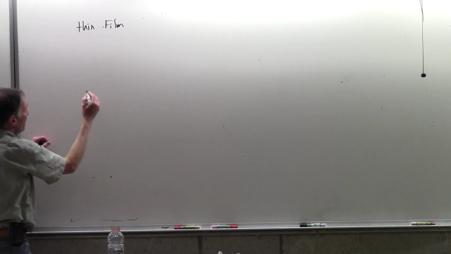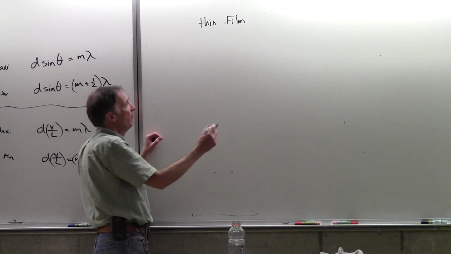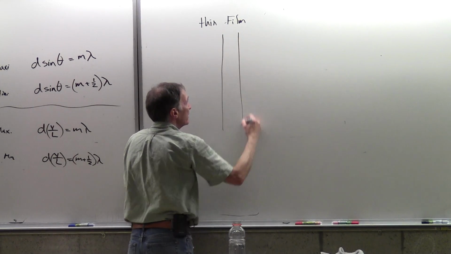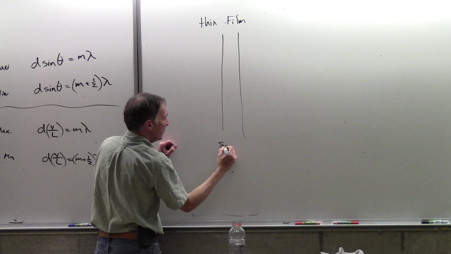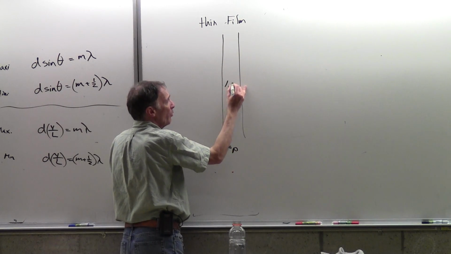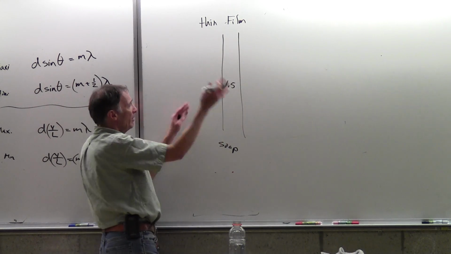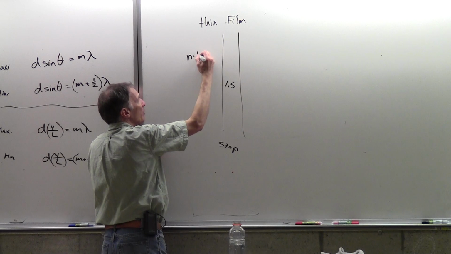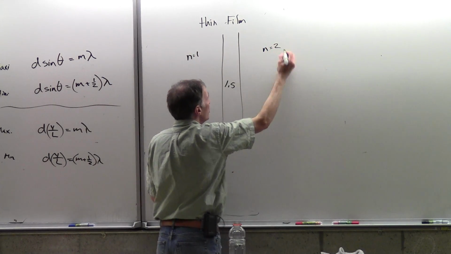If I have something, let's say like a soap bubble, and I've got, let's say I'll do something like this, and let's say this is soap. And it's got an index of refraction of, let's say, 1.5 in here. And let's say we've got air on either side of the soap bubble, so we've got n equal to 1, n equal to 1.